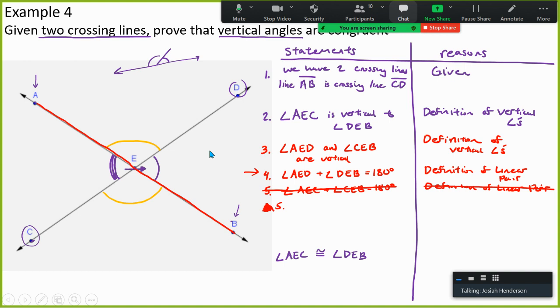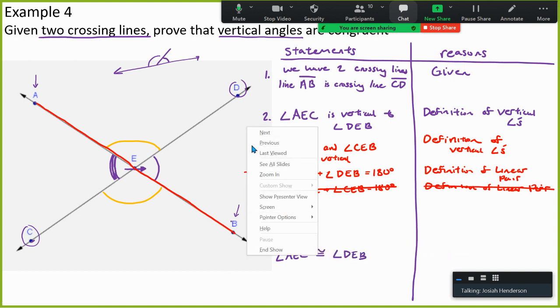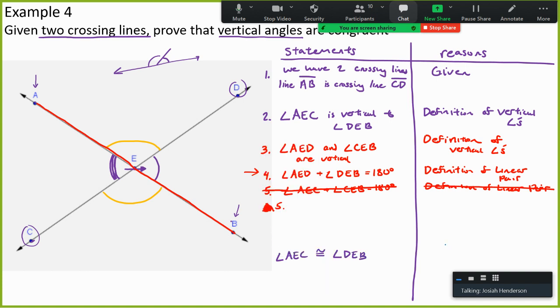New line 5. So here's the approach. We've established that we've got a linear pair. Now check this out. Visualize another linear pair, not the opposite side of the red line, but using part of it. So here, I'll use blue. We've got the other line, CD, going this way. And we have a linear pair. I'm going to show it in blue here. Those two angles are forming that straight line.